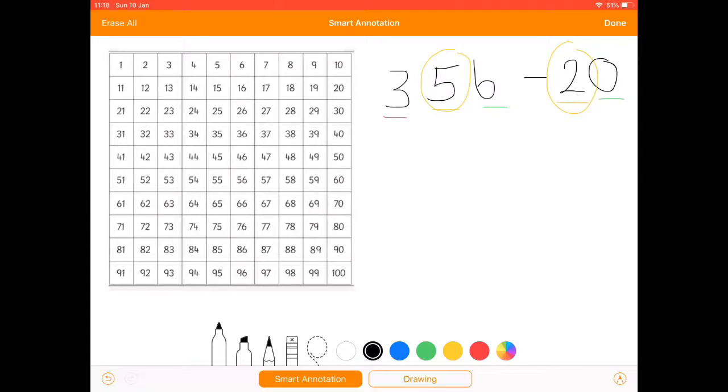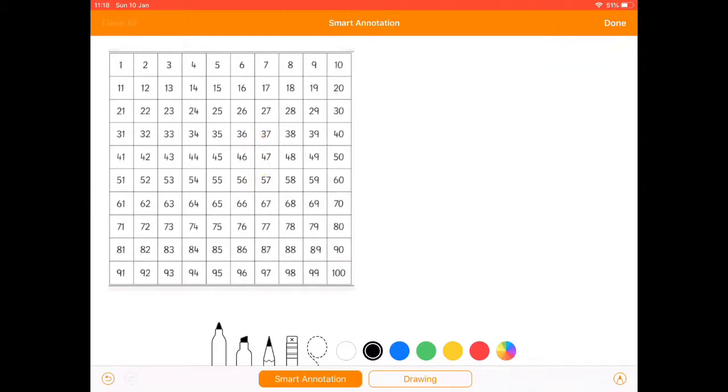What is 56 take away 20? It's 36. So the rest of our number doesn't really change. Our hundreds still remain 300. It's our tens that we have subtracted from, and our units do the same in this one as well. So our new answer is 336.